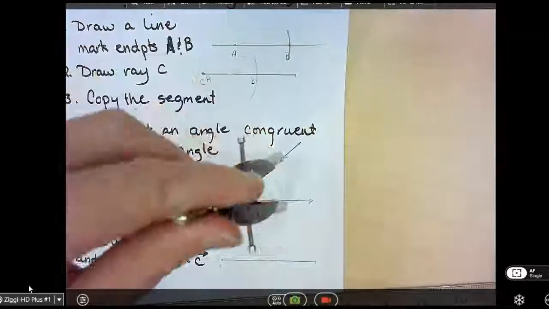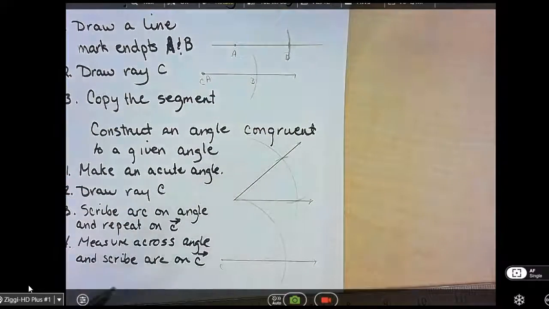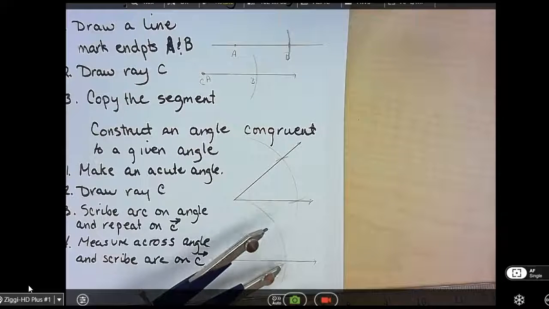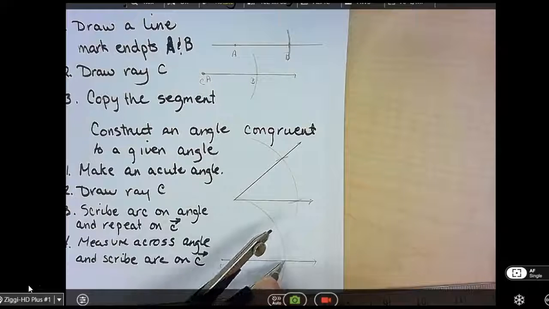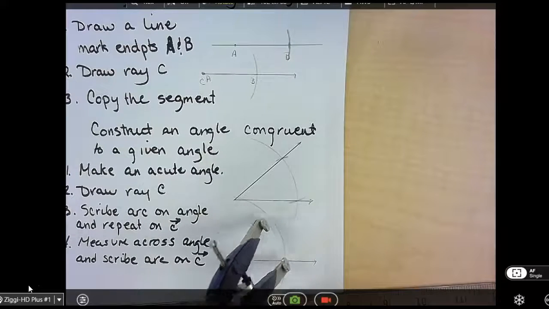All right, so I've measured across my angle. So on ray C, I want to go where the arc intersects the line segment, put in my endpoint, and now scribe an arc.